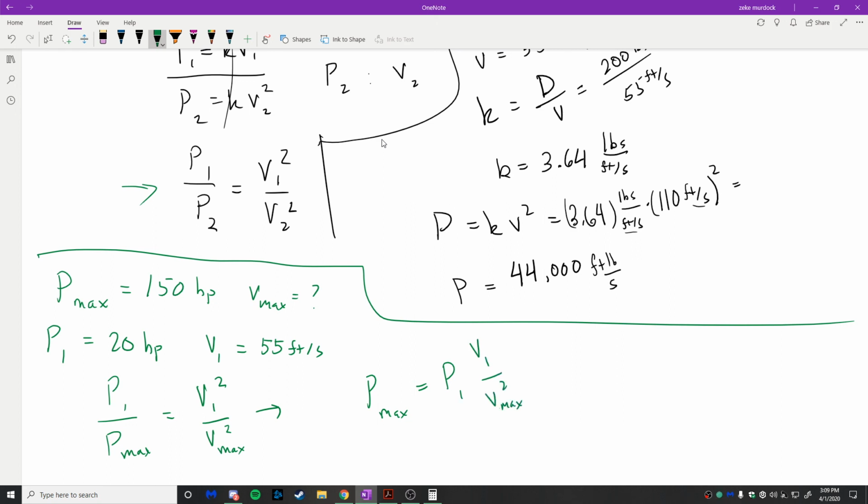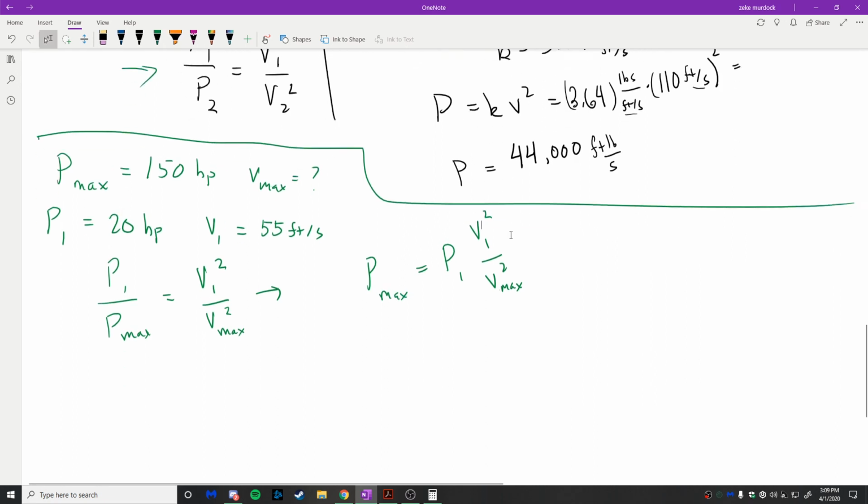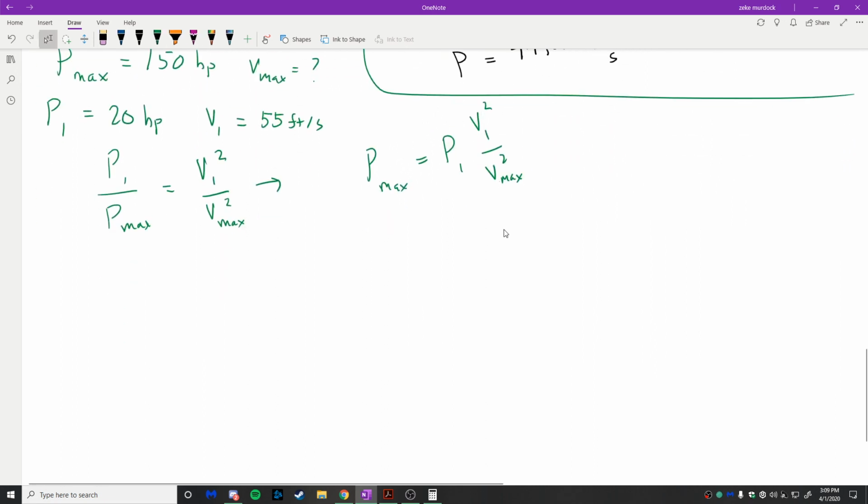Again, as I get down to the bottom here, I'm tempted to write sideways. I'll try to stop doing that. So P max then ends up being equal to the first power, 20 HP, multiplied by, oh, I did this upside down. This is wrong over here. Sorry about that. Okay, well, it's easy to fix.